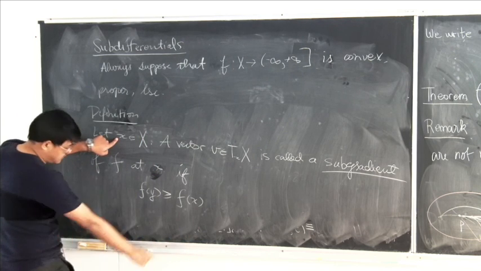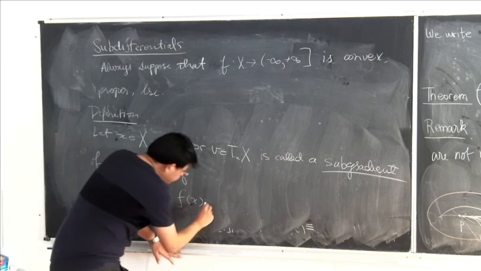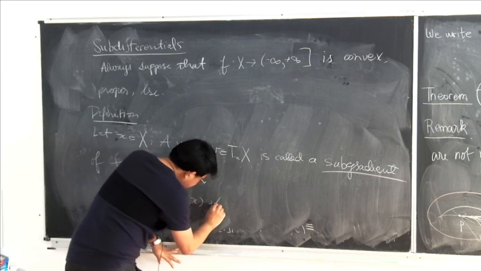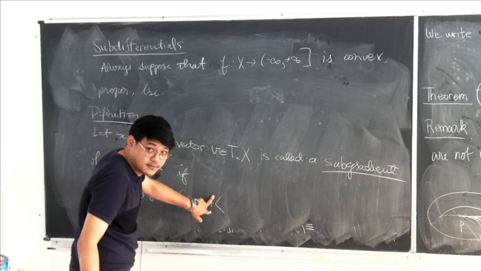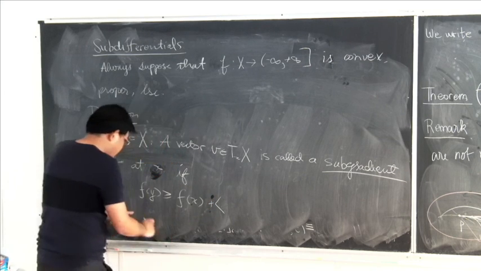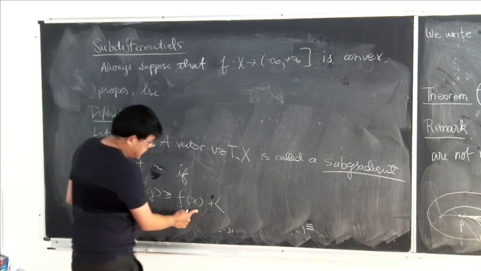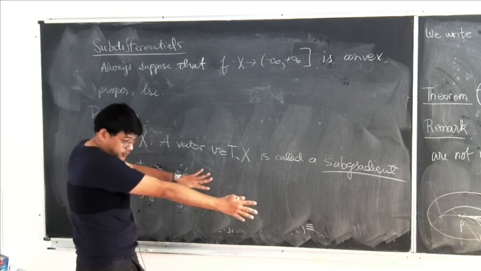So you have f(y) being larger than or equal to f(x), because we are considering at a point x, plus a product, which I will define later.